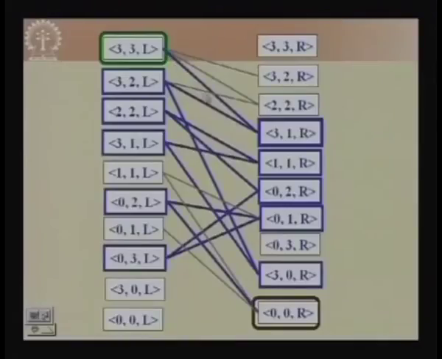So this is a solution to the missionaries and cannibals problem. By applying a sequence of operators, the agent can traverse the state space and reach the solution.